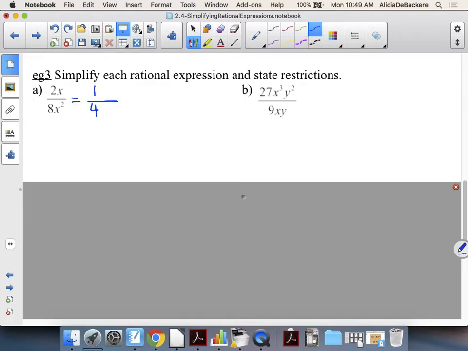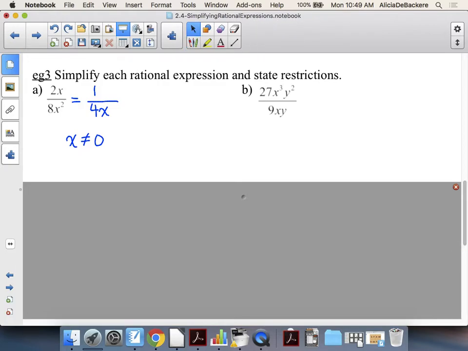So I've already simplified my coefficients, and now I'm going to look at my x's. I've got 1x on the top and 2 x's on the bottom. I can reduce that by dividing out 1x from the top and 1x from the bottom, and I'm left with 1 over 4x. I have some restrictions here though. So here my restriction is that x cannot equal 0. I got that restriction by thinking about 2 different things.